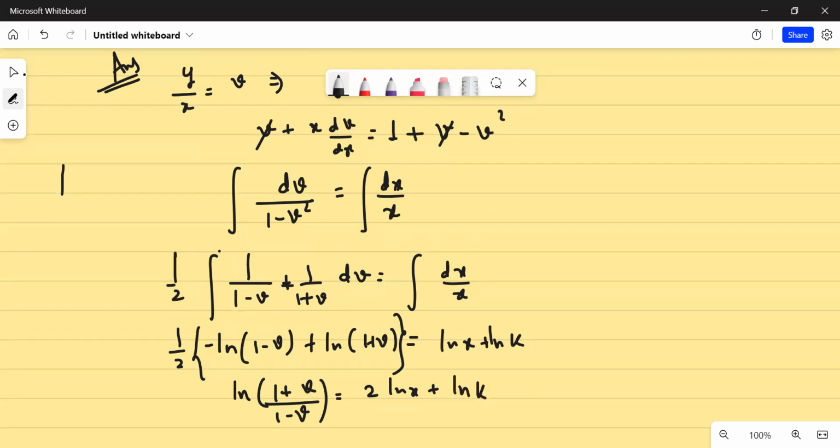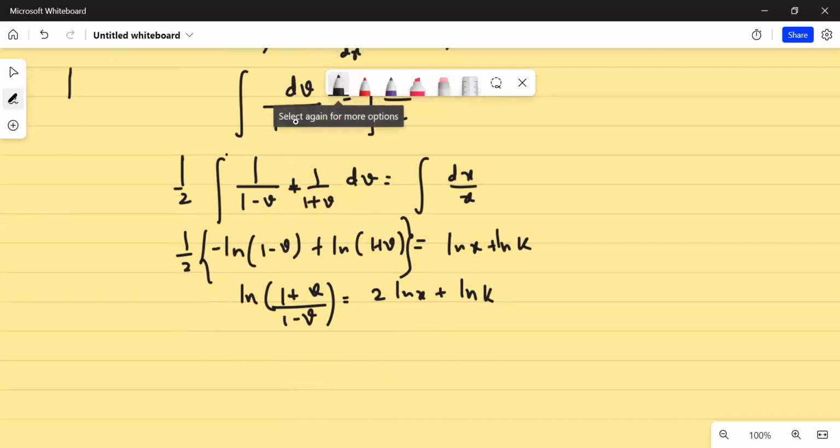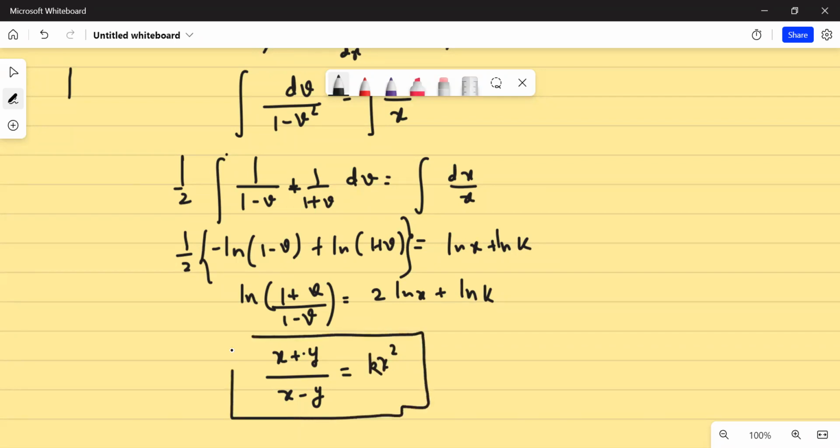Okay. So overall, this will give you x plus y, and here you will get x minus y is equal to x squared into k. Is that clear? Okay, you write y by x here, you write y by x here.